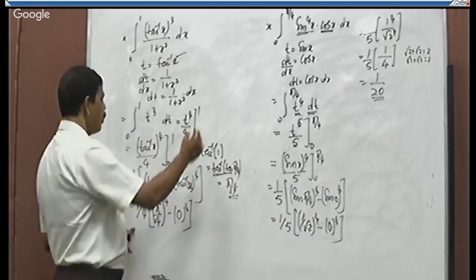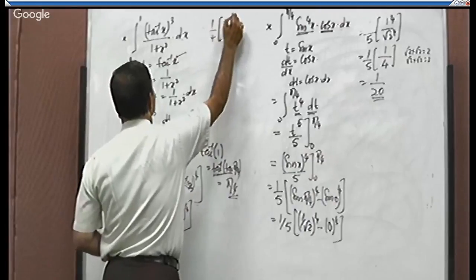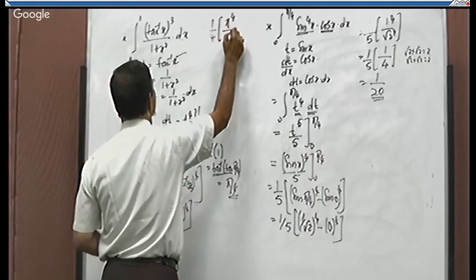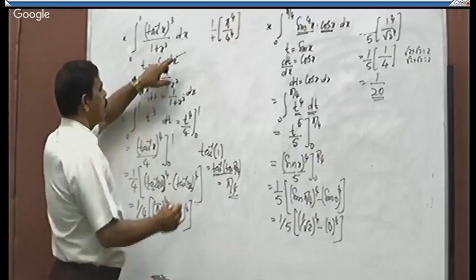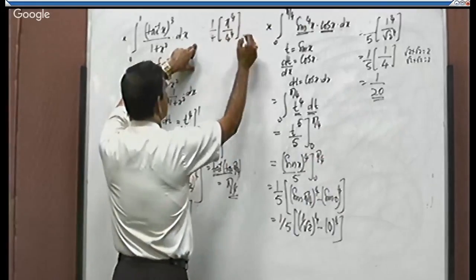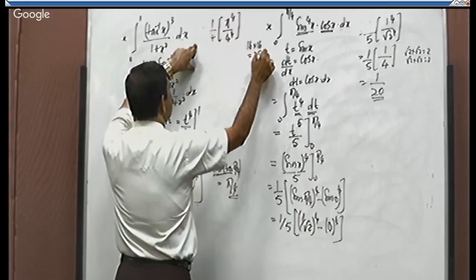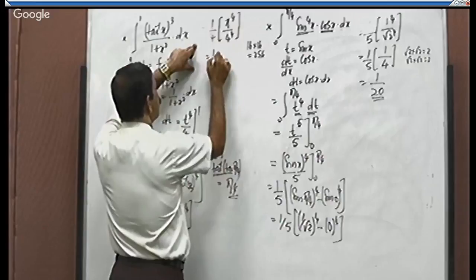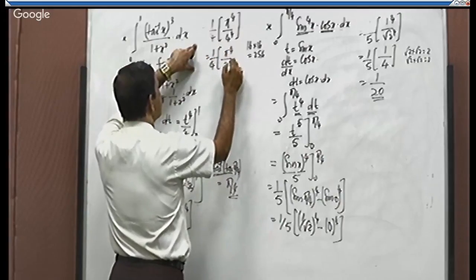Right? 1 by 4 into pi to the power of 4 by 4 to the power of 4, minus 0. Is it right? 4 into 4 is 16. 16 into 16 is 256. Correct? 1 by 4 into pi to the power of 4 by 256.